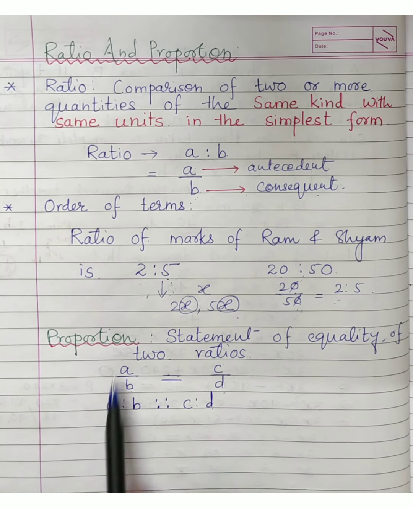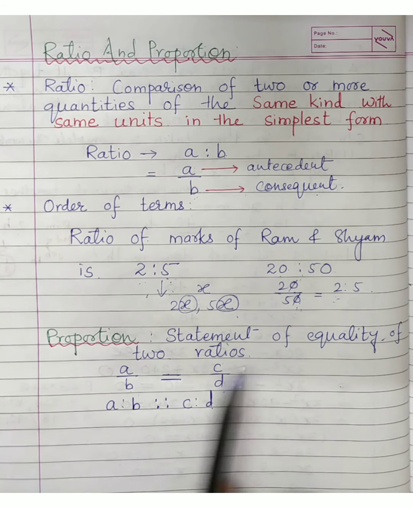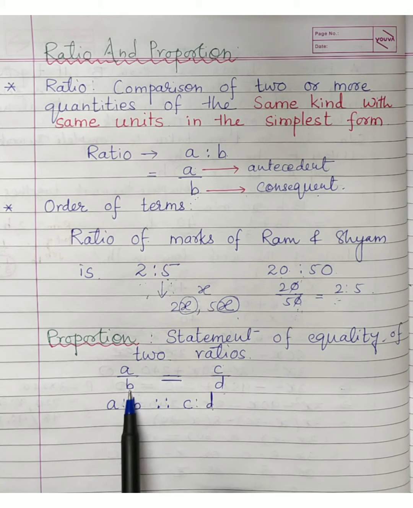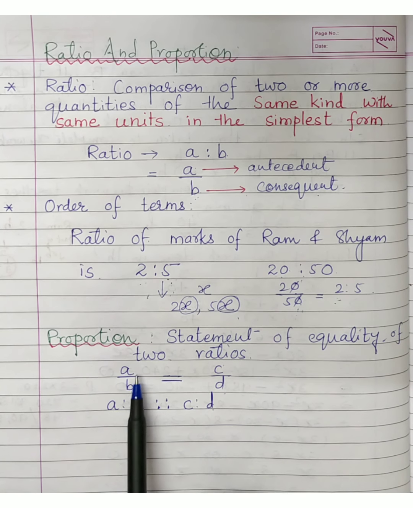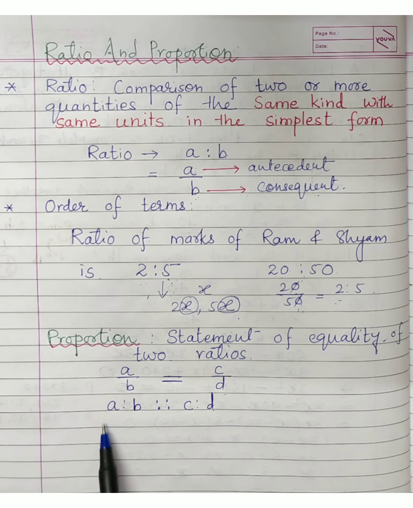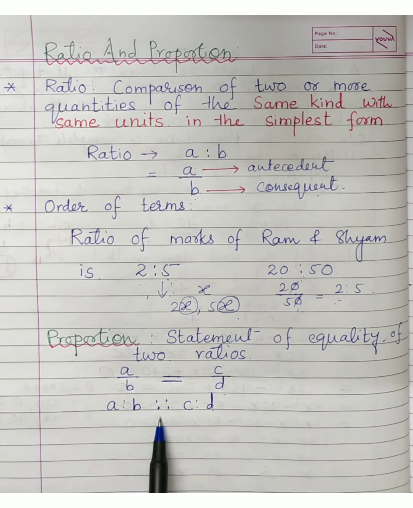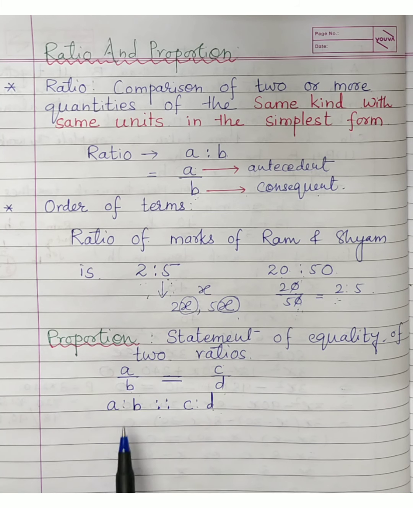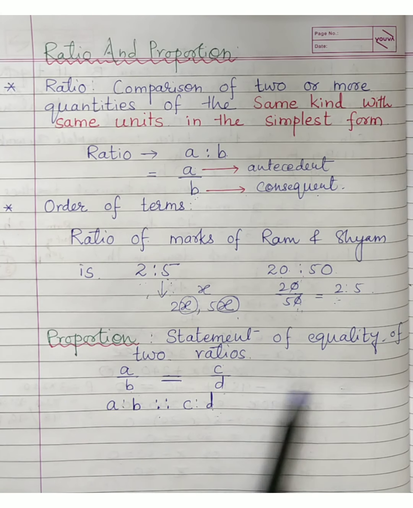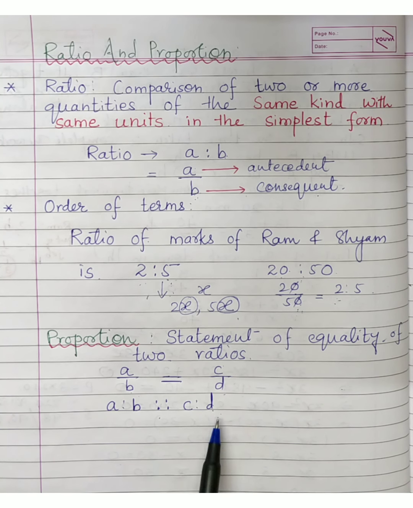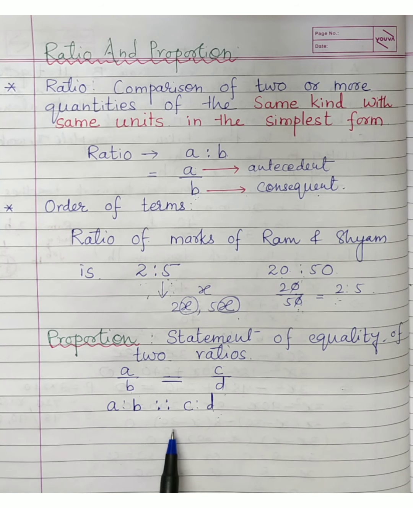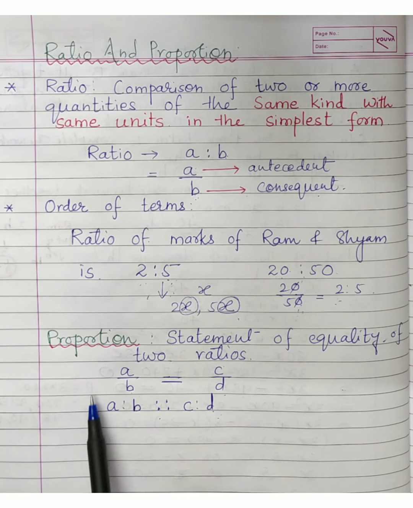So when two ratios are equal, that is, the first ratio is A is to B, the second is C is to D, then I say A upon B is equal to C upon D, or A is to B is in proportion with C is to D, then I say A, B, C, D are the four quantities which are in proportion. Is that clear to all of you?